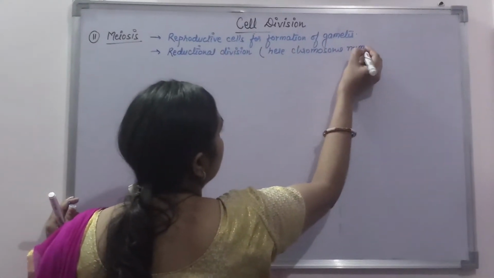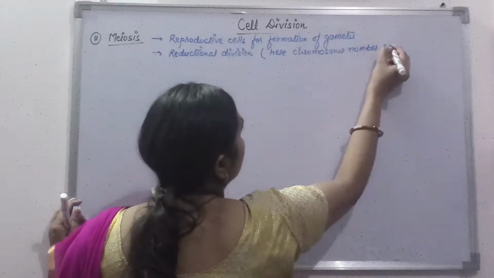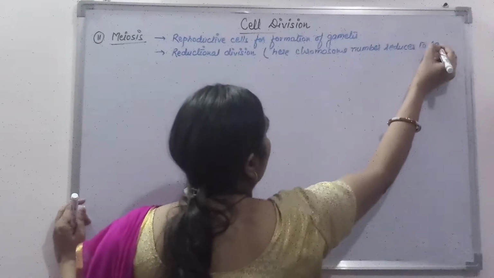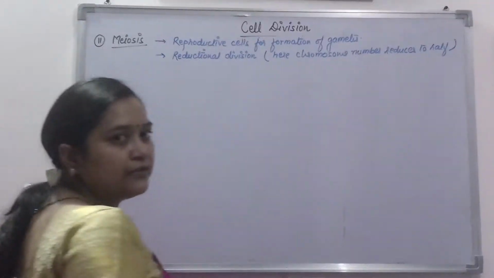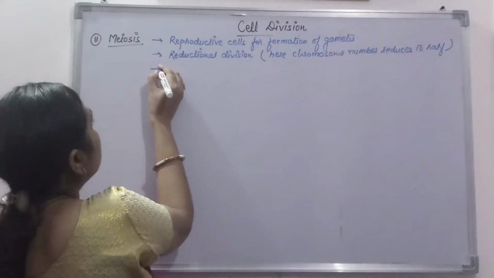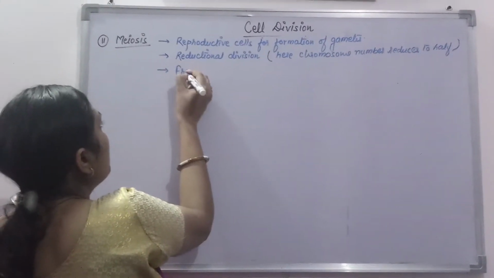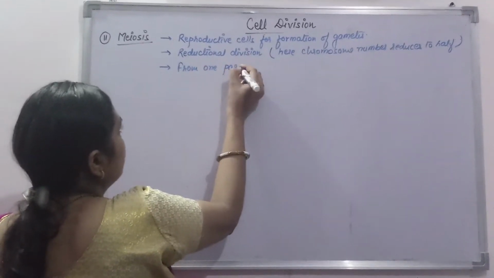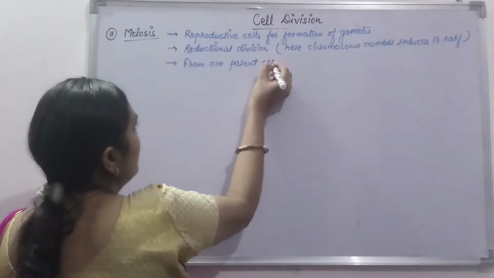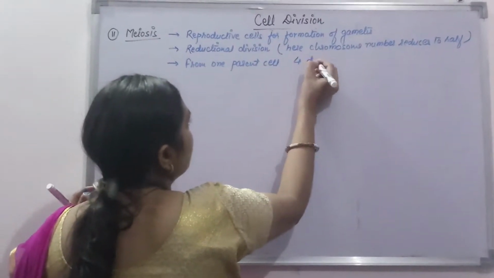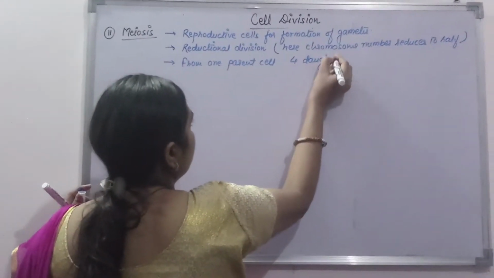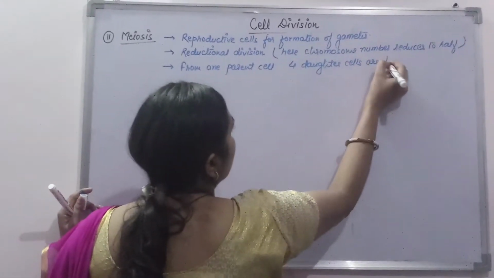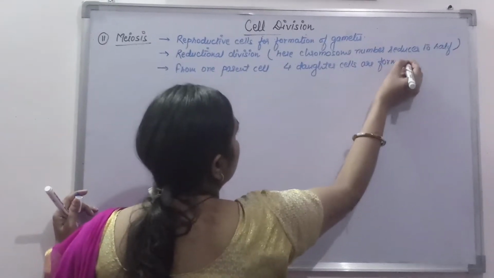In meiosis, from one parent cell, four daughter cells are formed.